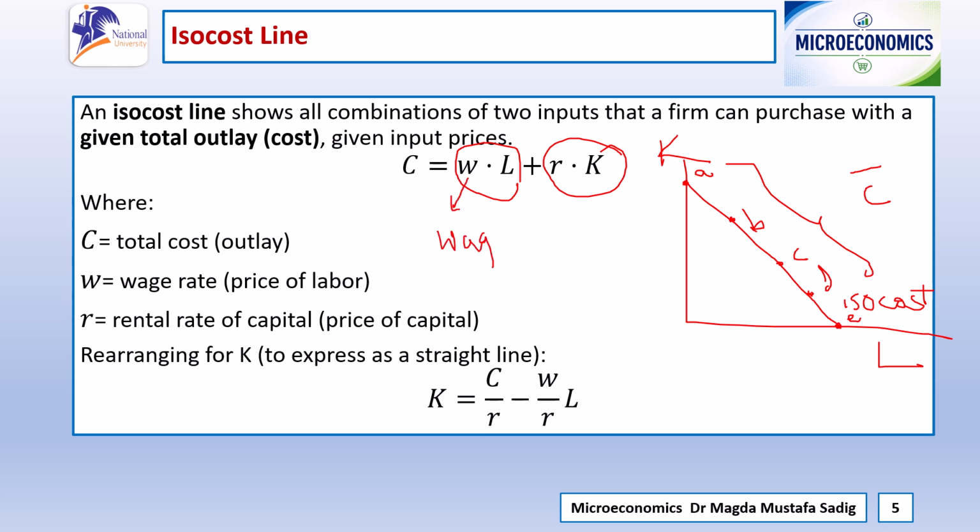Normally it is the wage multiplied by the number of workers, and this is L. So L is the number of workers and W is the wage, where R is the interest, which is the price of capital, and K is the number of machines.